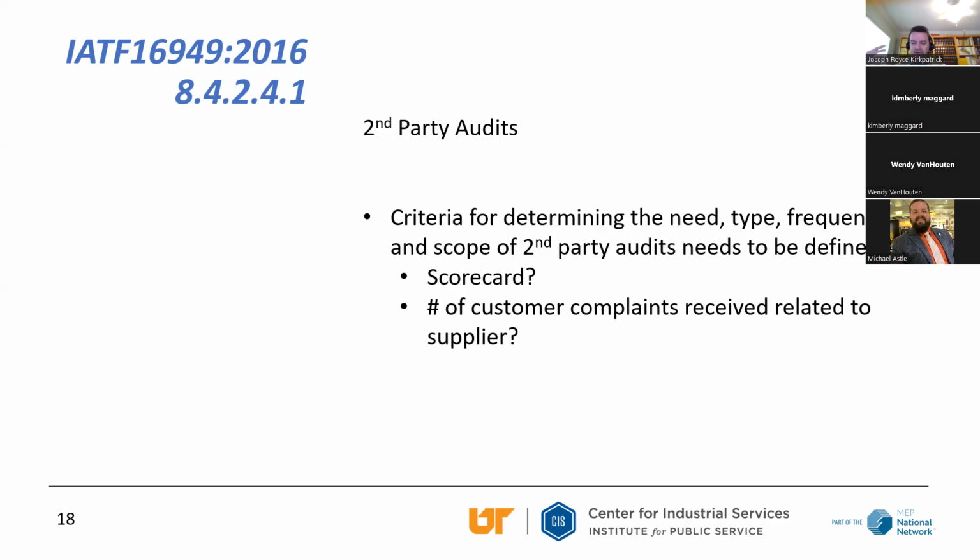And if we don't have any supplier problems, do we need to be doing second party audits? Probably not. But if we have a lot of supplier related problems, yes, we should be auditing problematic suppliers.